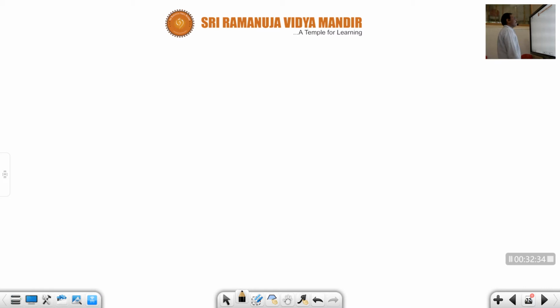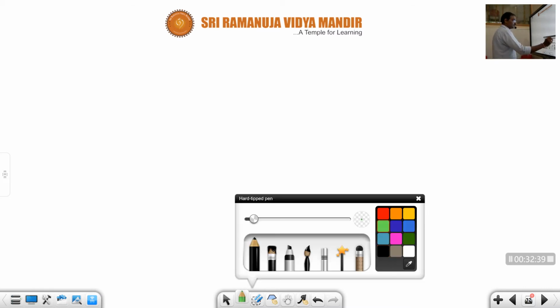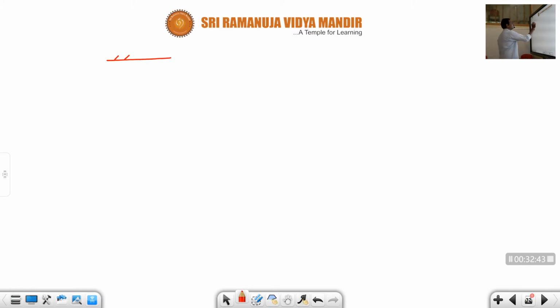Next, in some situations they will ask questions under equilibrium situations only. Under equilibrium situations we can solve. This is a string and this is a rough horizontal surface.